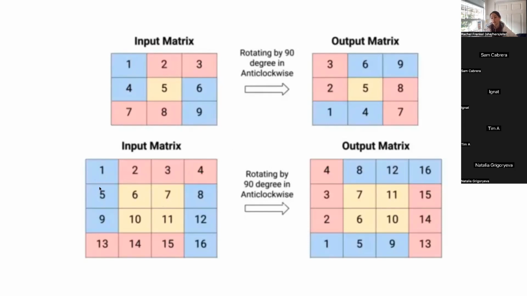Your number of layers in a matrix is your width divided by 2. With a matrix of any size, the width divided by 2 is the number of layers you have till you get to the center. Okay? So if I had a 2 by 2 matrix, how many layers does that one have?